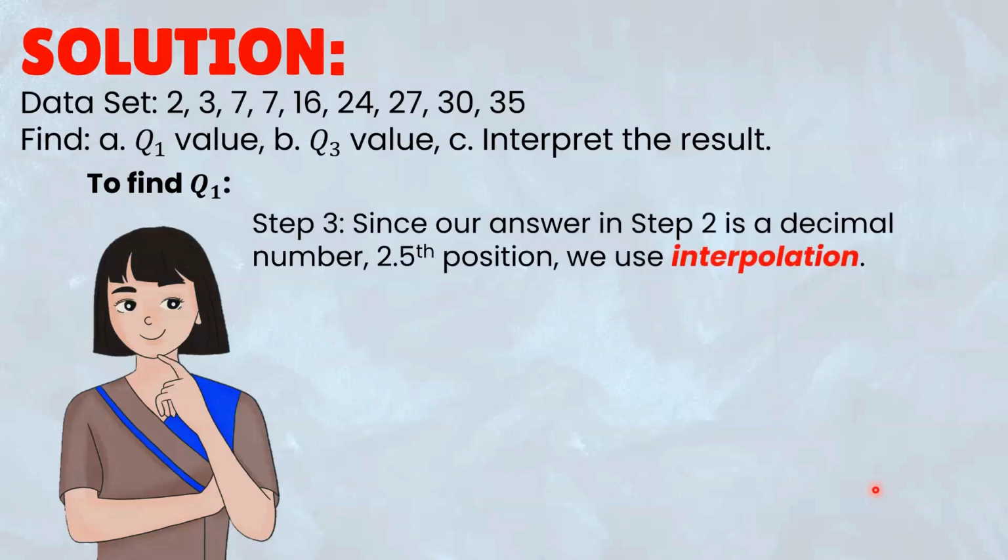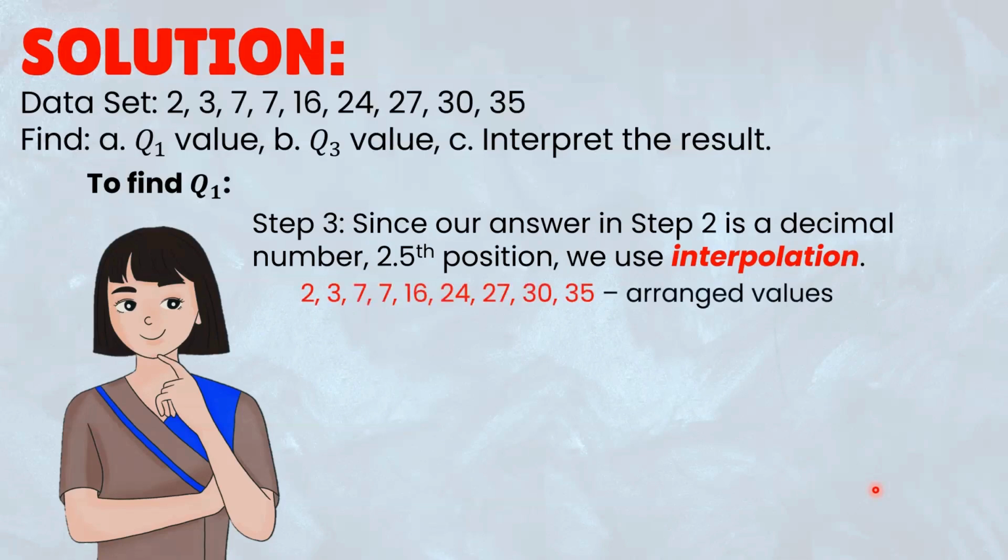To perform the interpolation process, we first locate the 2.5 position based on our arranged values in step 1. So the 2.5 position is between the second score and the third score.